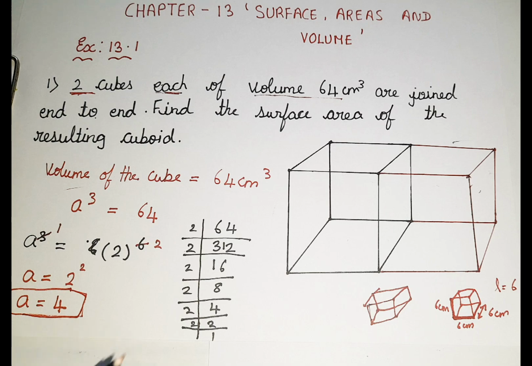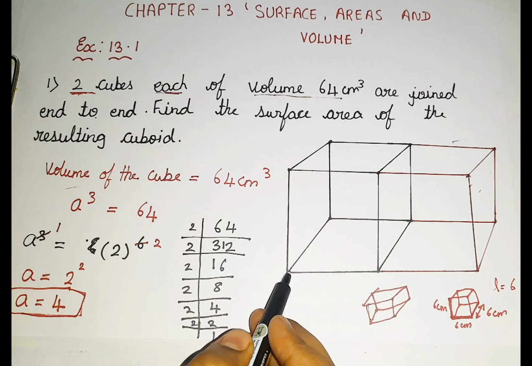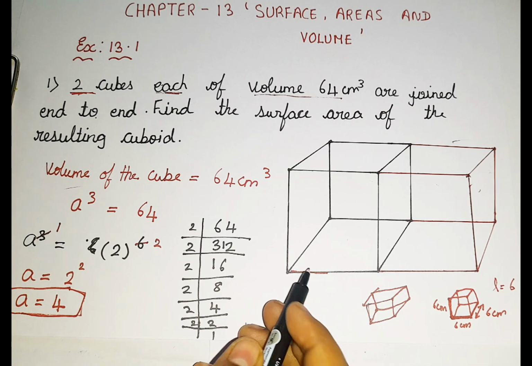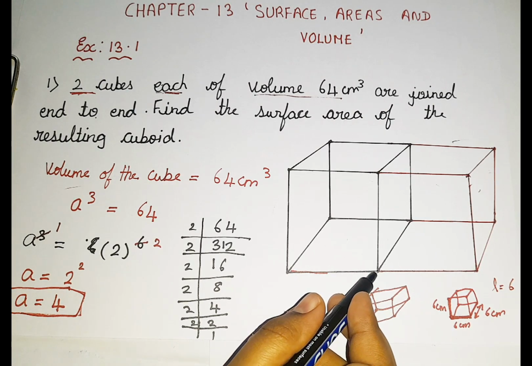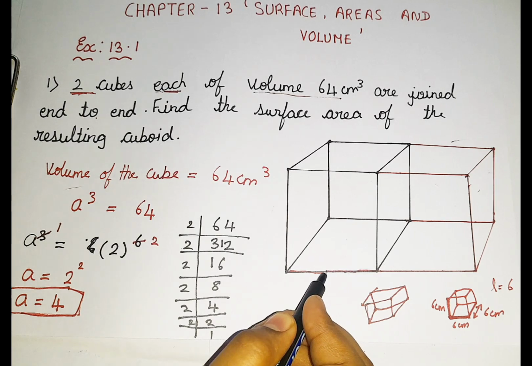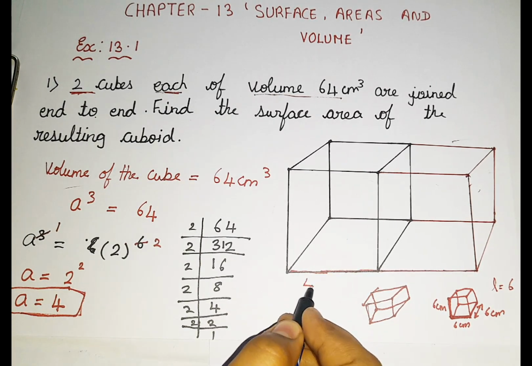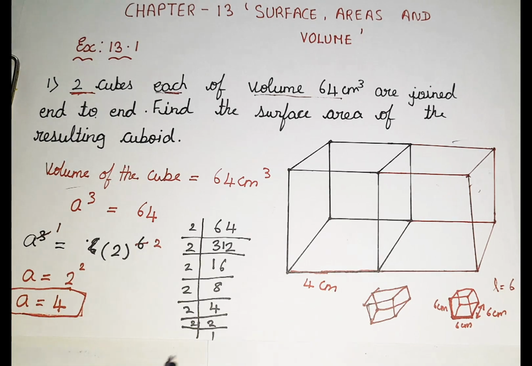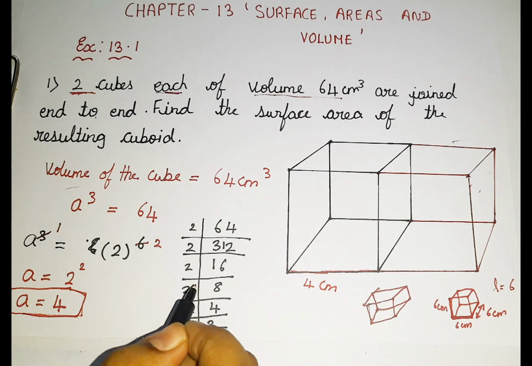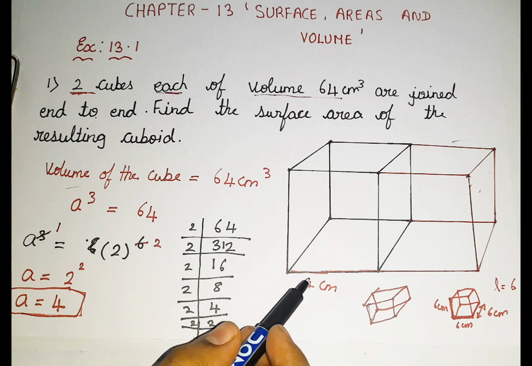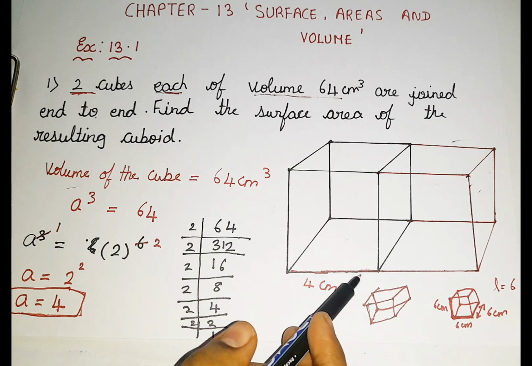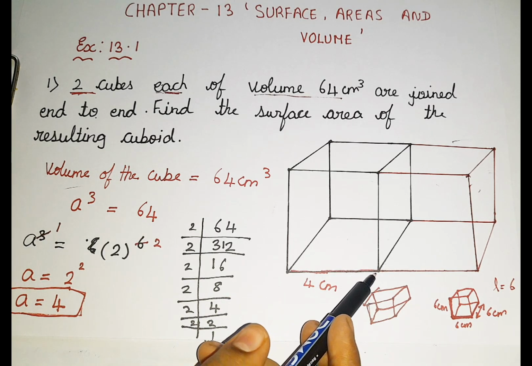So now we got a is equal to 4. That means for the cube, a is equal to 4 means this length is 4. We call it length. So for the cube, this is 4 centimeter. Since you know a single measurement, the length is 4 centimeter.